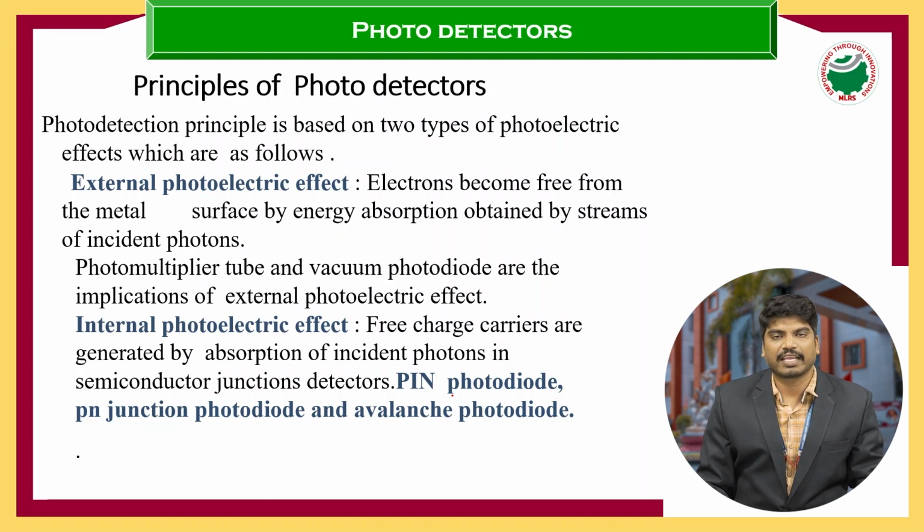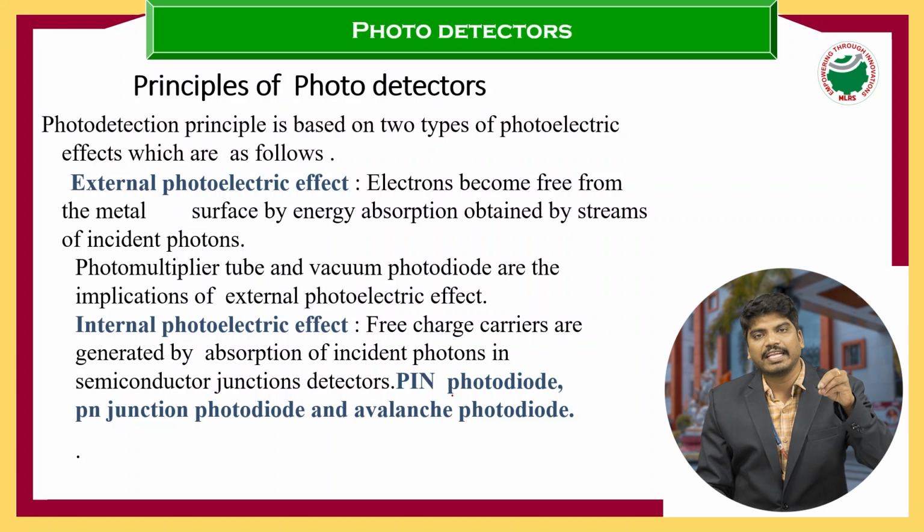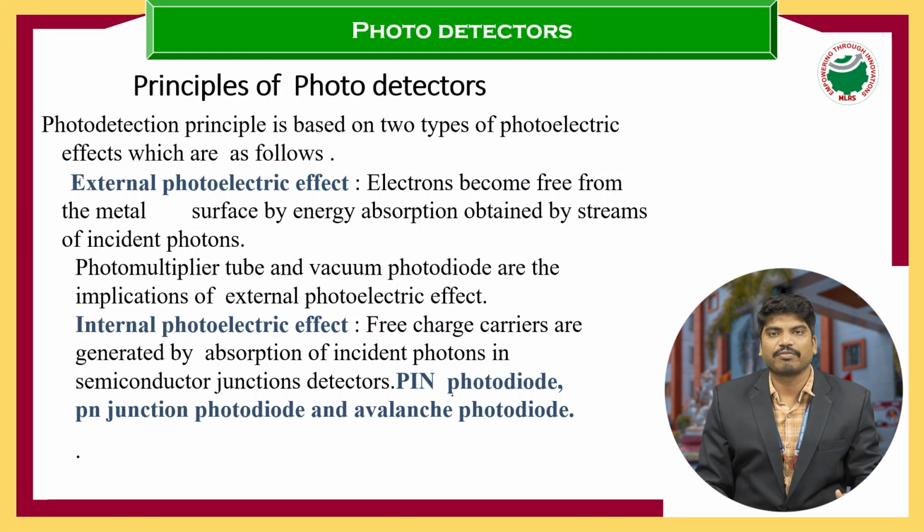The internal photoelectric effect is nothing but when light is incident on the PN junction. We are talking about PN junctions only here. When light is incident on the PN junction, it can create electron-hole pairs inside the PN junction and lead to the flow of current in the device. This effect is known as the internal photoelectric effect.